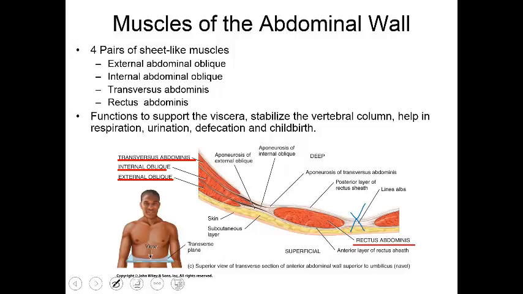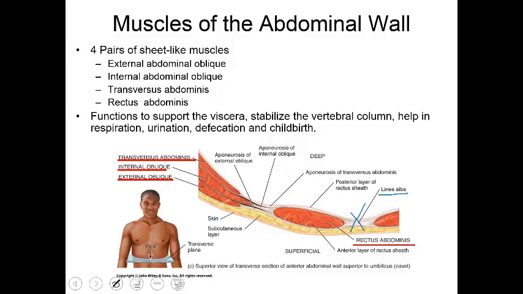So it's a physical indent that is made up of connective tissue, and that is called the linea alba. The linea alba is made up of connective tissue or fascia, and it extends all the way from the xiphoid process of the sternum to the pubic symphysis.